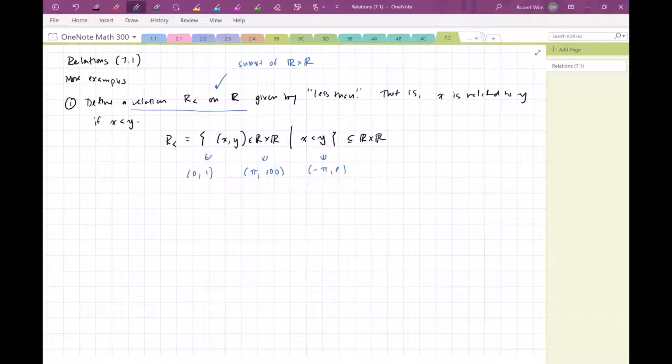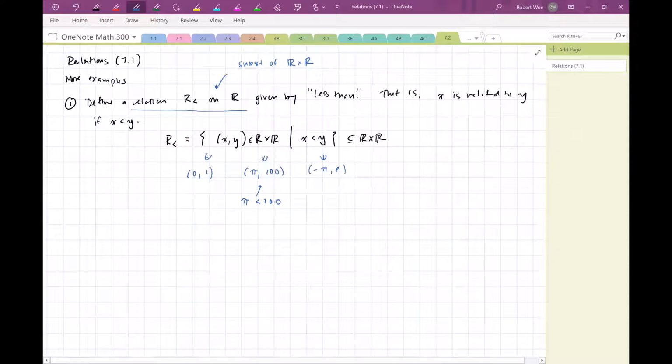It's that subset of the Cartesian product, of course. But we don't think of this relation that way. We usually think of this less than relation as a relationship between two numbers. You don't think, oh, (pi, 100) is inside of this relation. You think, oh, pi is less than 100.